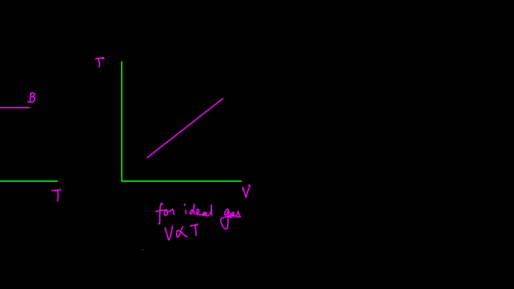So it should be a straight line, no doubt, but it should definitely pass through origin. Is that clear? It cannot be like this. Okay, this yellow one is wrong. It cannot be like that.